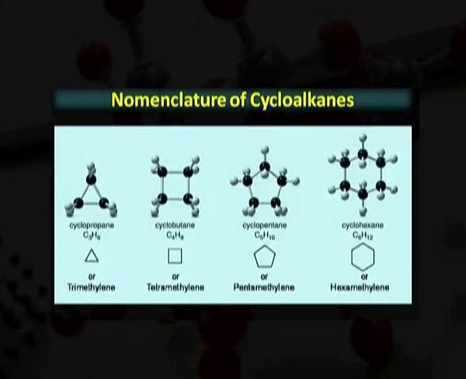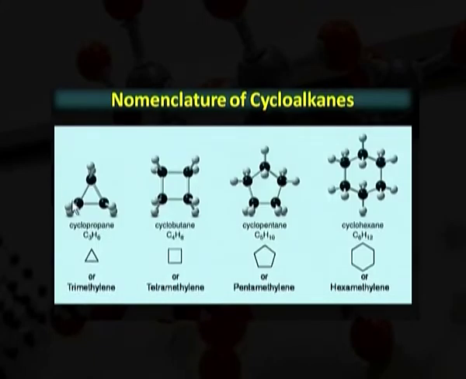Thus, cycloalkanes are named by putting a prefix such as tri, tetra, etc., tri for 3 carbon atoms, tetra for 4 carbon atoms, before the word methylene. Now, we will discuss these locating prefixes in the structures.